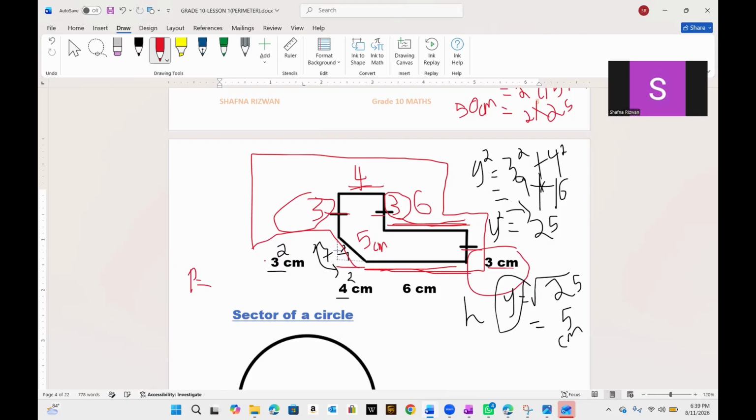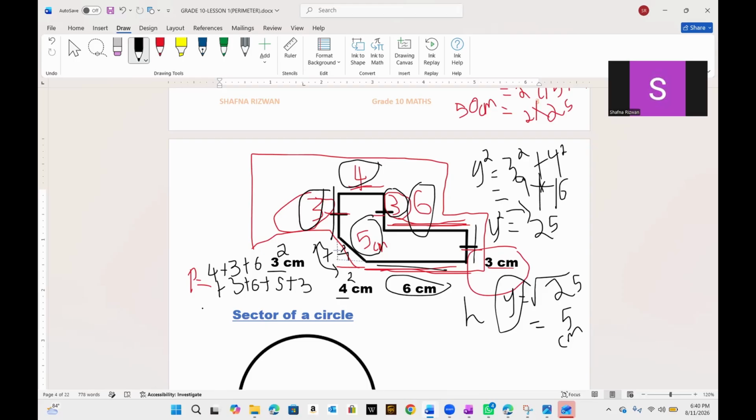Perimeter of this figure equals to, take this 4 plus this side 3, okay, this side 3, and at this bottom 6, and at this side how much? 3, and at the bottom 6, plus at this 5 here in the corner, which we found now, plus this corner 3.